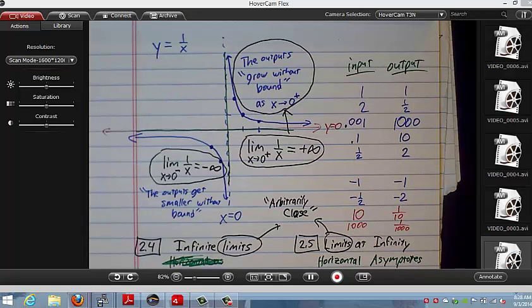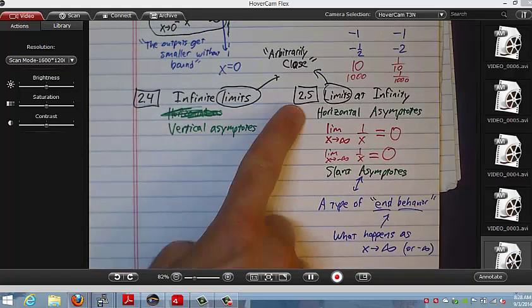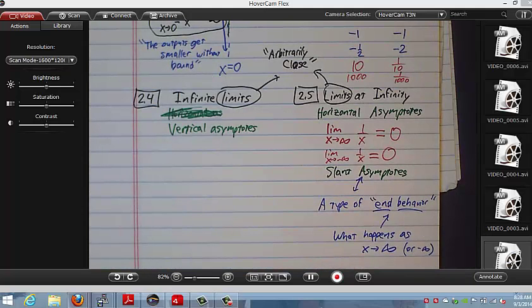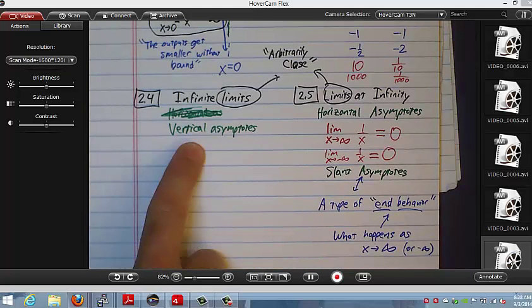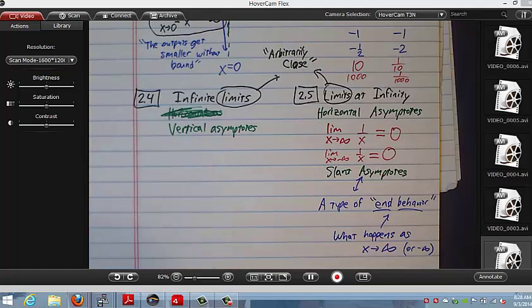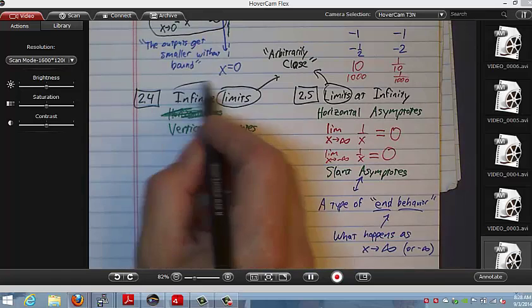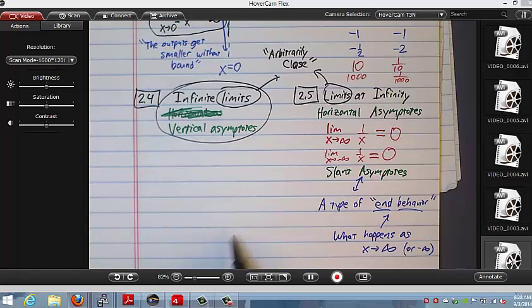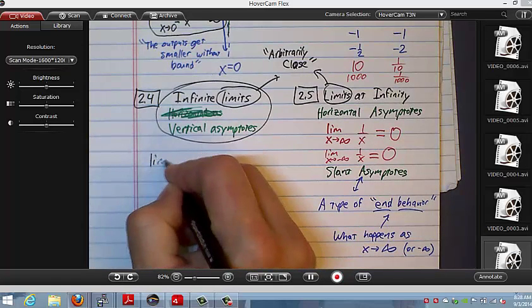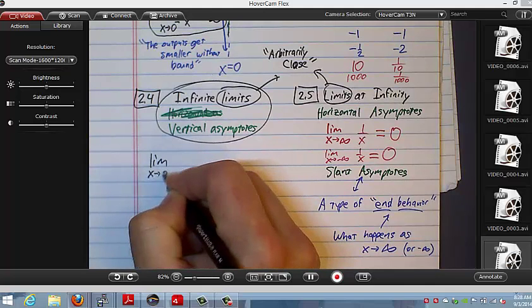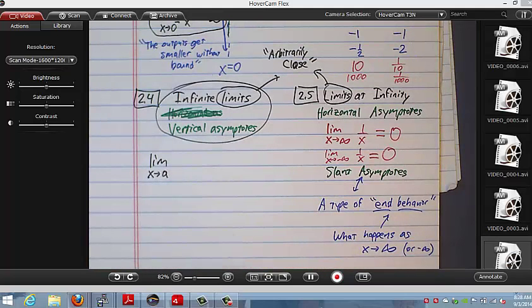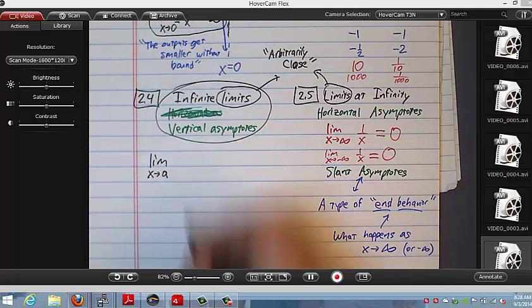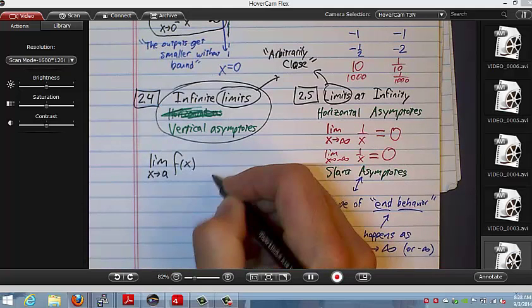But it's funny because I just spent maybe 10, 15 minutes talking. And if I spent 15 minutes, I think 10 of those minutes were on the next section, right? So what's with this section? We're not talking about end behavior here. Here, when we say infinite limits, we're talking about the limit as x approaches some value of a of f of x.